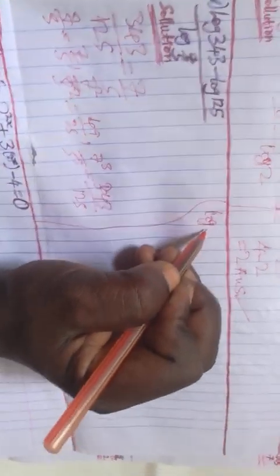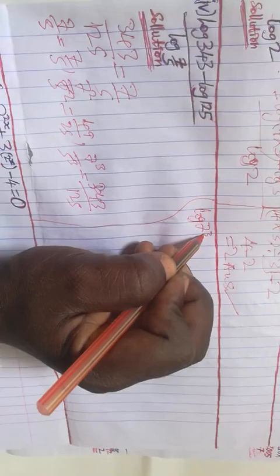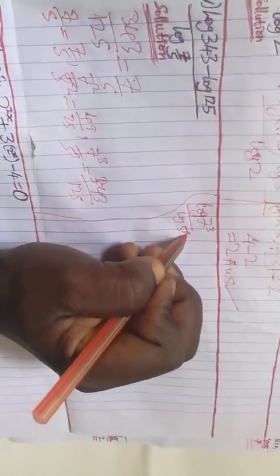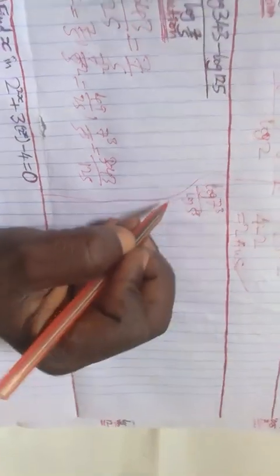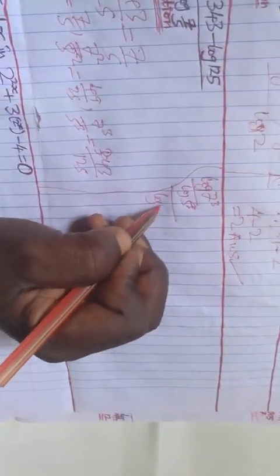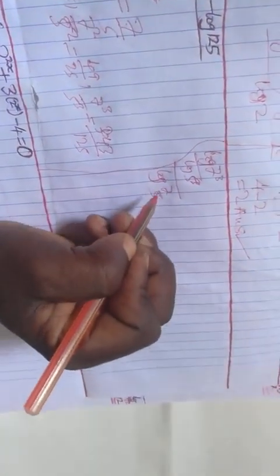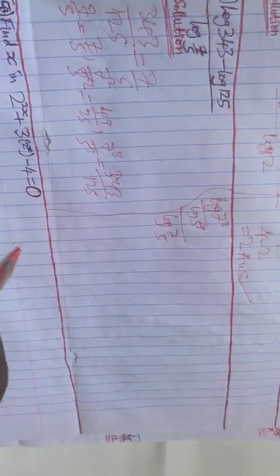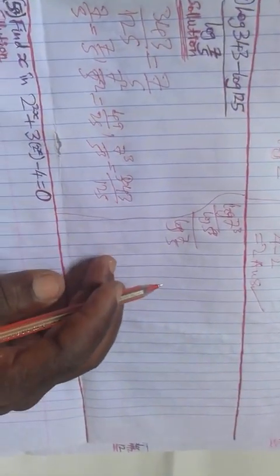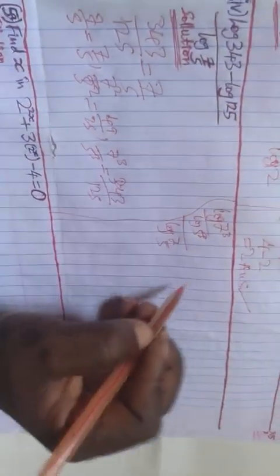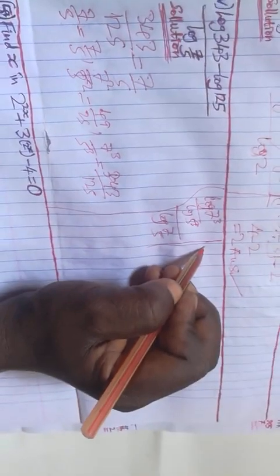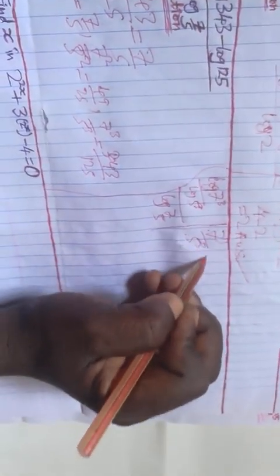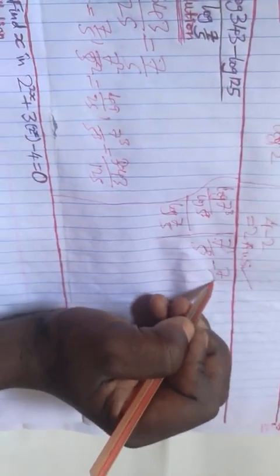Therefore log of 7 power 3 over log of 5 power 3, all divided by log of 7 over 5. But remember, addition goes with multiplication while subtraction goes with division, and by dropping the logs we say 7 power 3 over 5 power 3 minus 7 over 5.